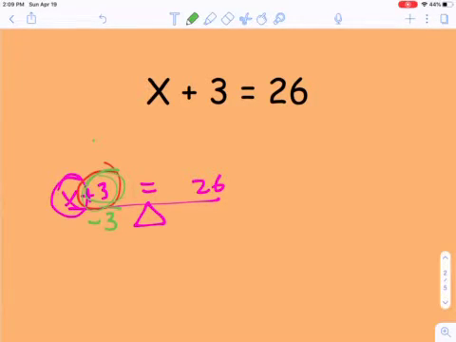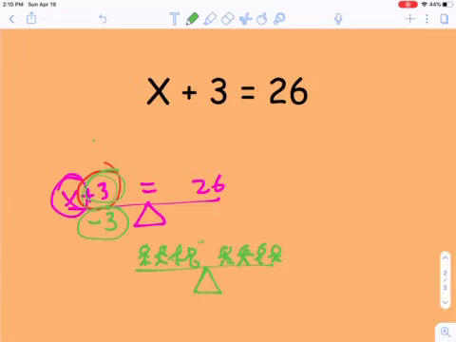So whatever we do to one side, think about what you would do if there were 4 of you on the teeter-totter and 3 of them tried to get off. Let's draw a little picture. I've got a really big teeter-totter with 4 people on one side, and the same thing over here on the other.